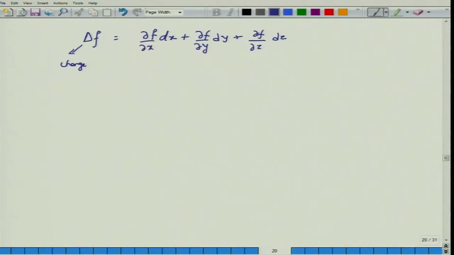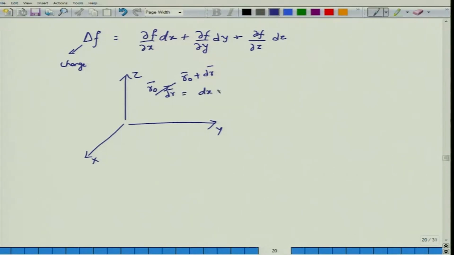Now, let us actually draw some pictures. Suppose I go back to this three-dimensional picture x, y and z and locate this point as the point r0. r0 is the point where I already know the function, and now I have considered a new point which I can call r0 plus dr, where this dr is the small displacement vector given by dx x hat plus dy y hat plus dz z hat.